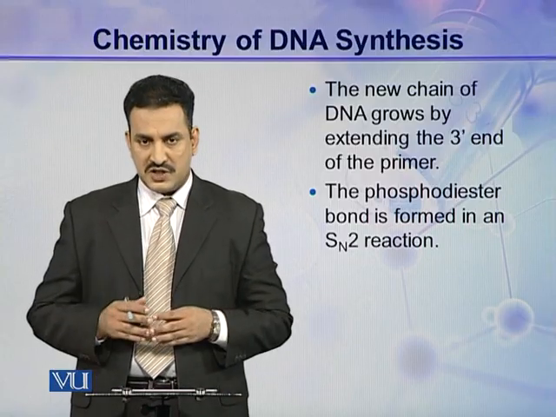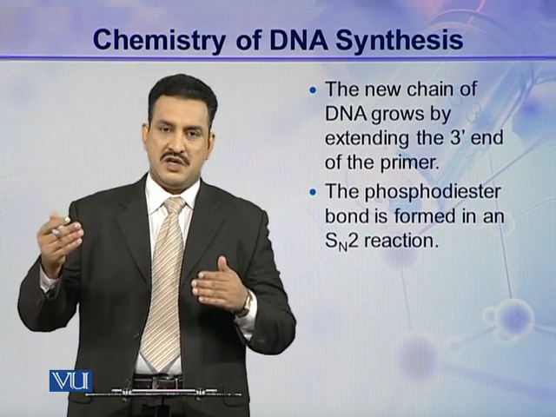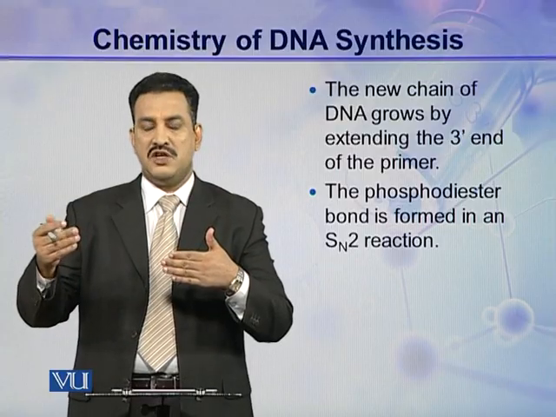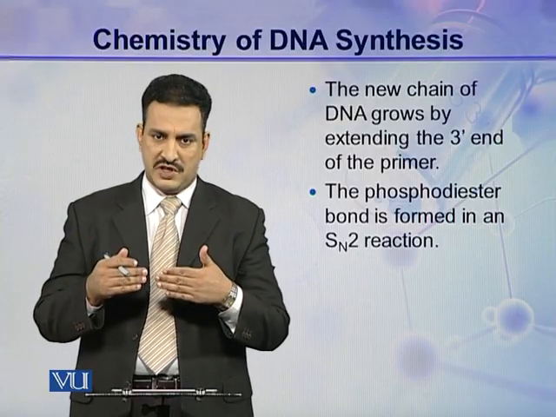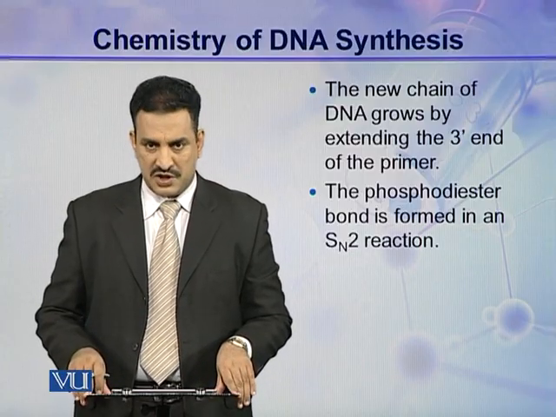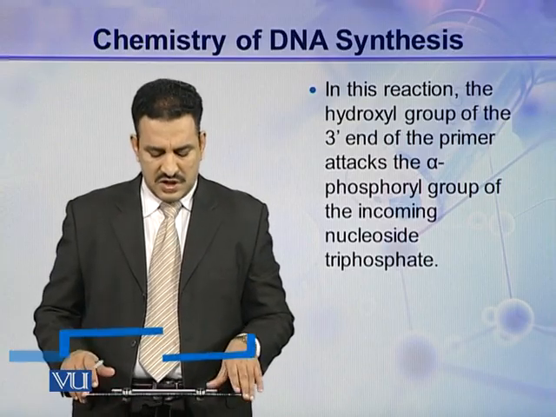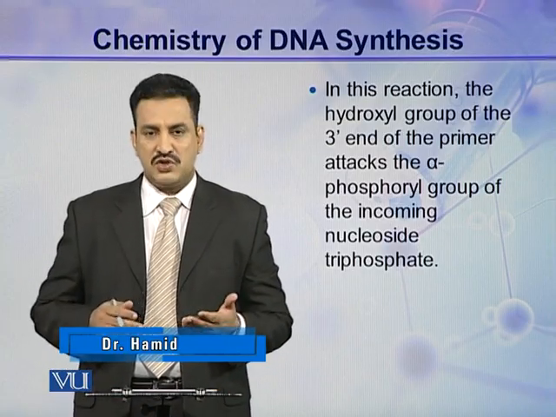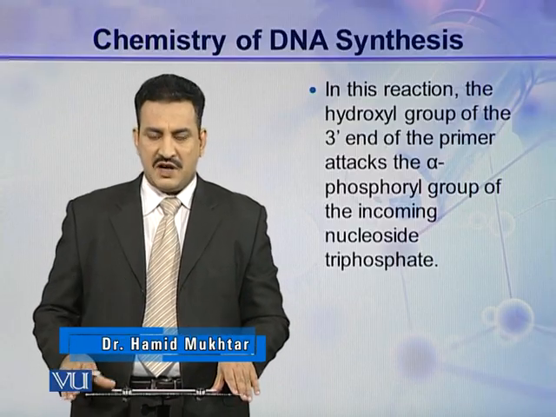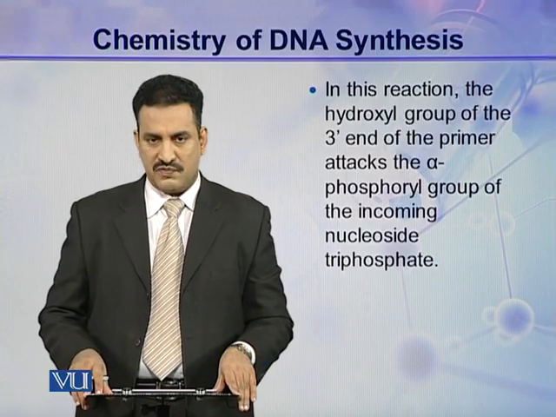The phosphodiester bond which is formed between the existing nucleotide and the newly coming nucleoside triphosphate is formed in an SN2 reaction. In an SN2 reaction, the hydroxyl group of the 3' end of the primer attacks the alpha phosphoryl group of the incoming nucleoside triphosphate.